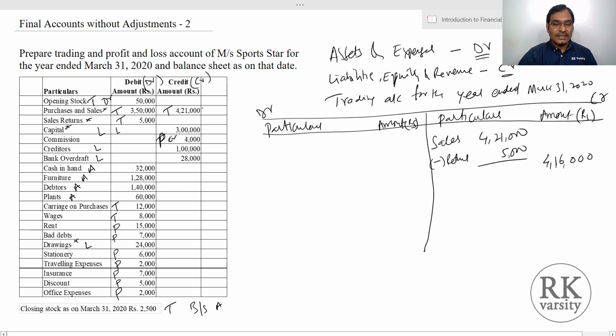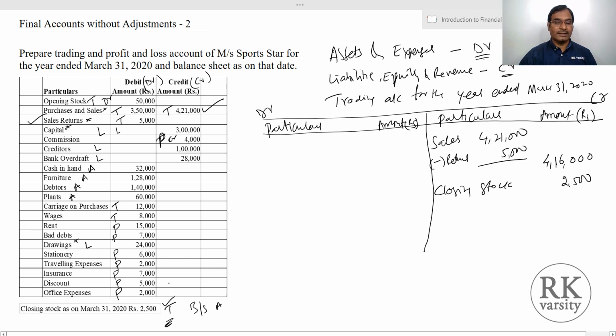So sales we made an entry, sales returns also we made an entry. Then any other item on the credit side of the trading account, you have a closing stock. Closing stock is 2,500. So we made an entry for closing stock in our trading account.